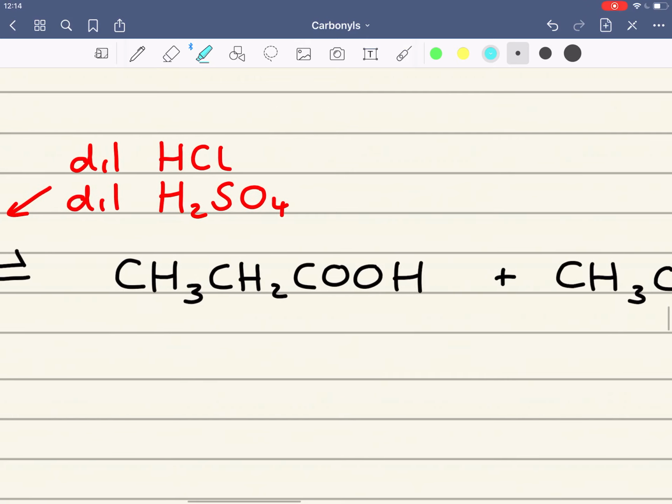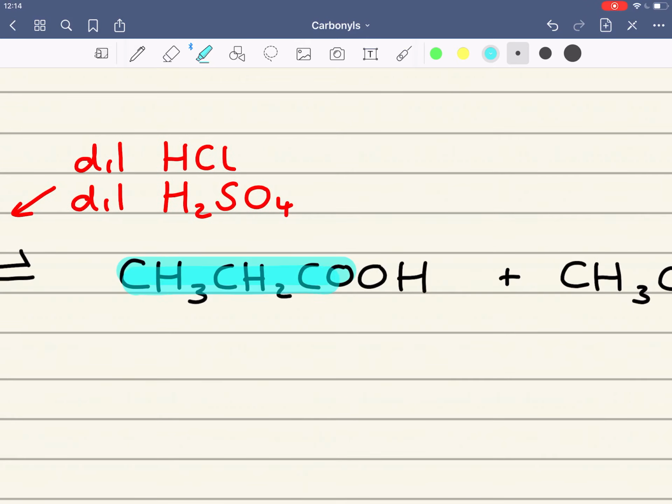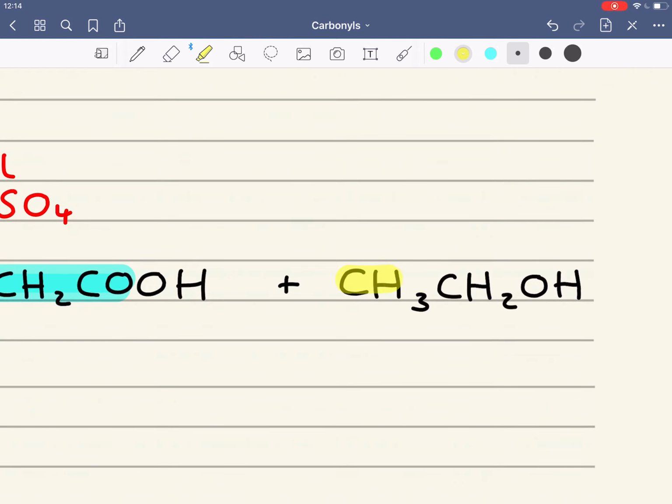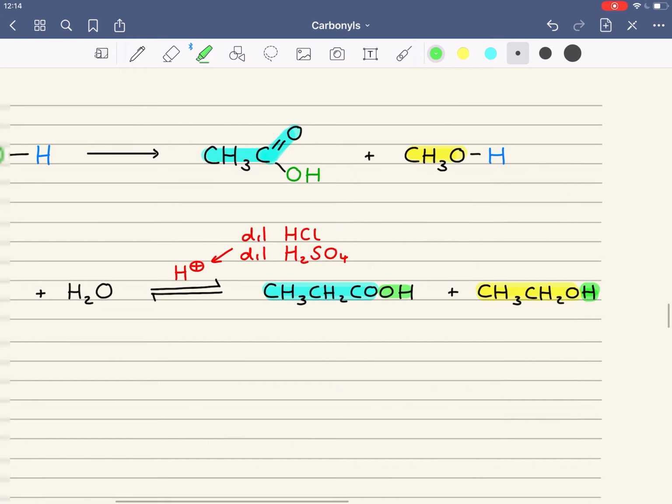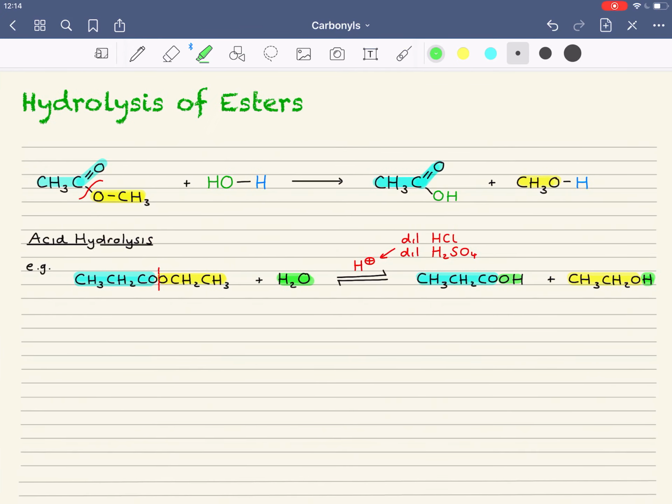So we can see that this part of the molecule highlighted in blue has come from the ester, and this part of the molecule highlighted in yellow has come from the ester, and we can see that I've added my H2O there that I've highlighted in green. So that's the acid hydrolysis of esters.